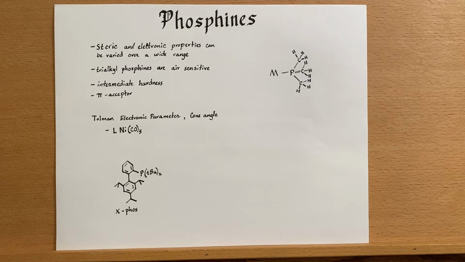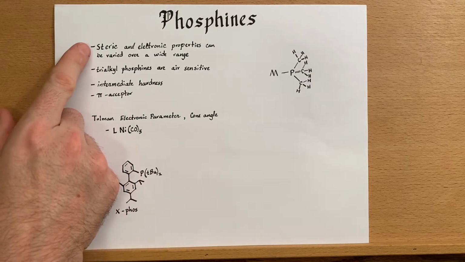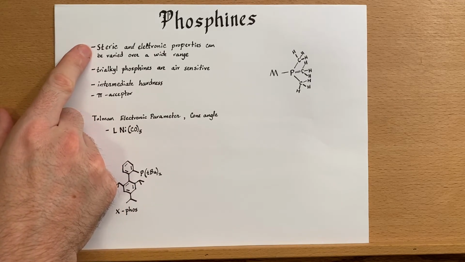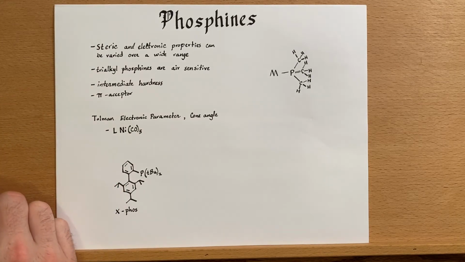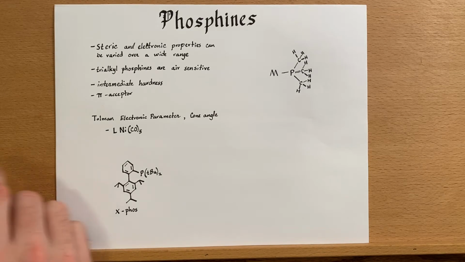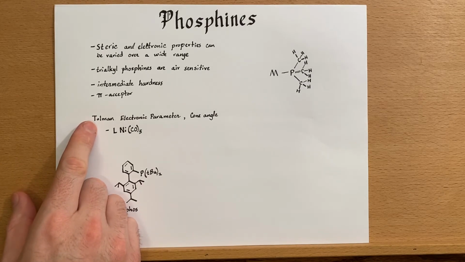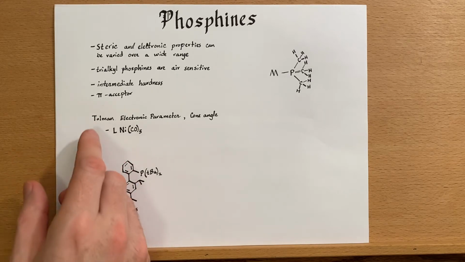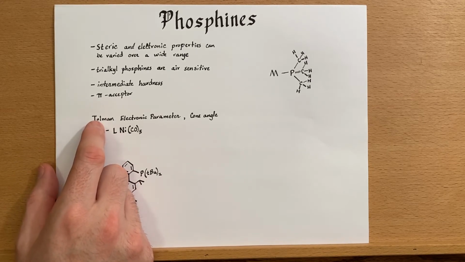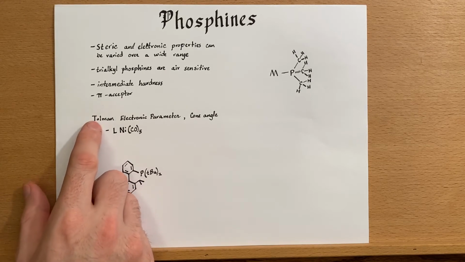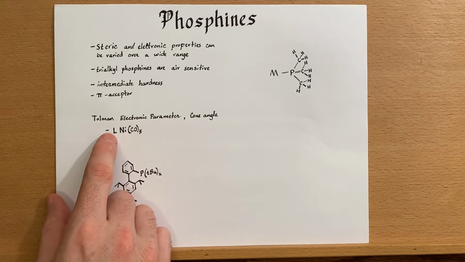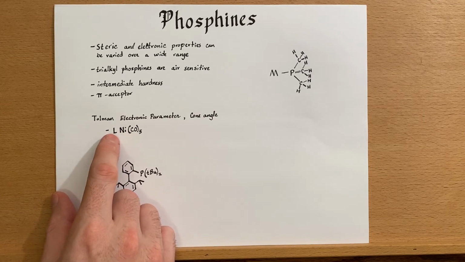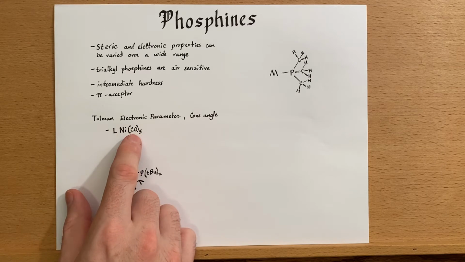Now, I mentioned that we can adjust the steric and electronic properties over a wide range using phosphines. And it turns out that in 1977, Tolman published a review article on this particular topic, and he used the nickel carbonyl complex, substituting one of the carbonyls for a phosphine, and then looked at the stretching frequency between the carbon and oxygen.